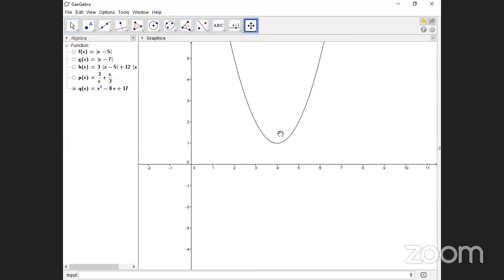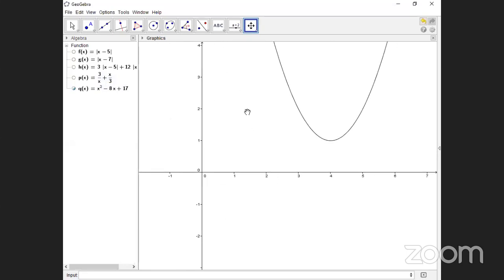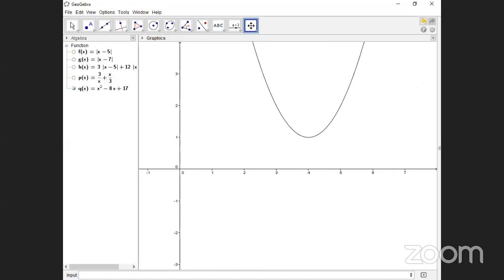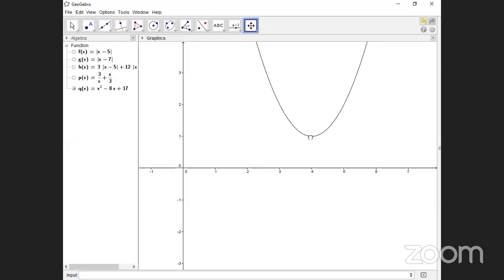For your reference, this is the minimum value. This is the 1. 1 is the minimum value. I want to show you using a notation. It is not there. No problem, I think you can identify it here. You can see this is the value 1.